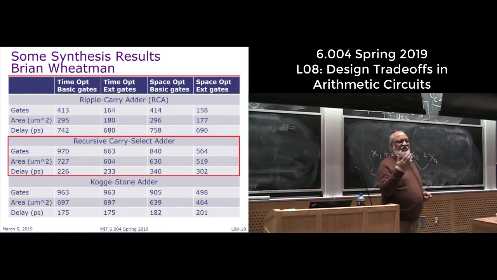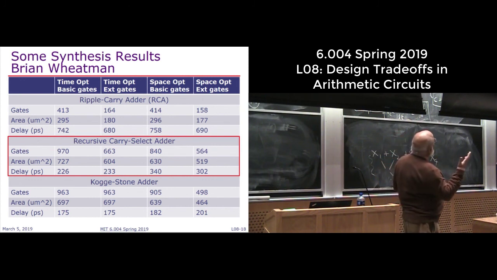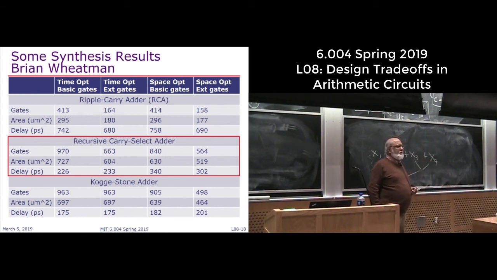It dropped from roughly 700 to the order of 225. That's a pretty dramatic improvement, right? So all these tricks are paying off. We have dramatically cut down the delay through this adder.